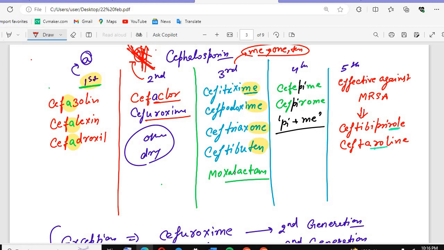Then the fourth generation, we have pi plus me, pi me. They are the fourth generation. And the fifth generation, they are roll. Roll me how many times? 5 times. So roll will come in the fifth generation, and all your cephalosporins have been covered.